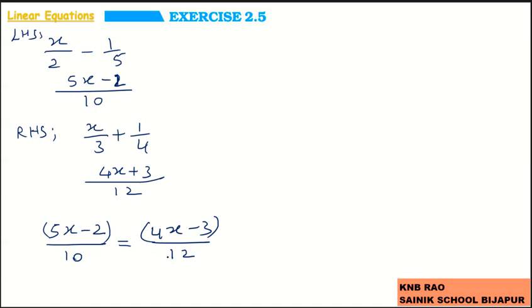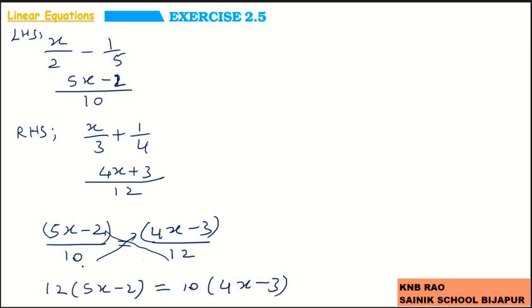Now what I can do, I can cross multiply. We say cross multiplication, that is sending 10, which is the denominator on the left hand side, to the right hand side, and 12, which is the denominator on the right hand side, to the left hand side, makes 12 times of 5x minus 2 equals 10 times of 4x minus 3.